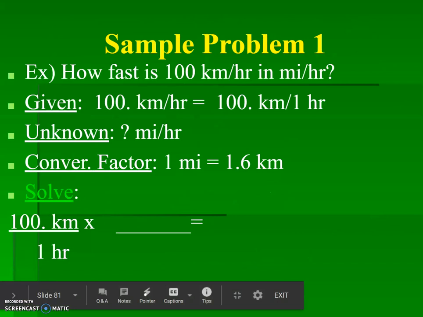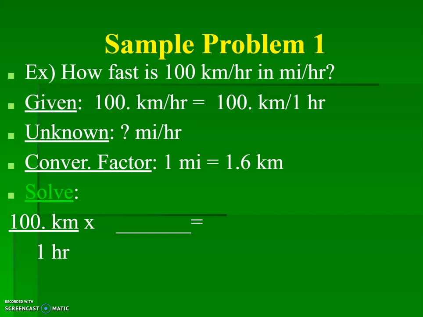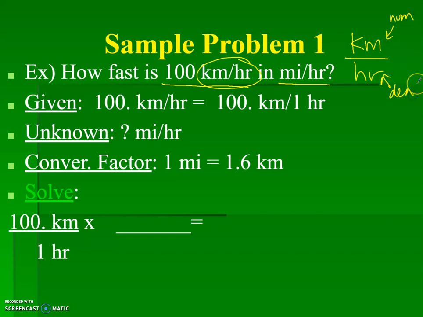All right, so let's start with a pretty simple, straightforward problem right here, and that is how fast is 100 kilometers per hour in miles per hour? And probably the biggest mistake that people make is this: kilometers per hour is actually kilometers on top and hours on the bottom, meaning kilometers is my numerator and hours is my denominator.